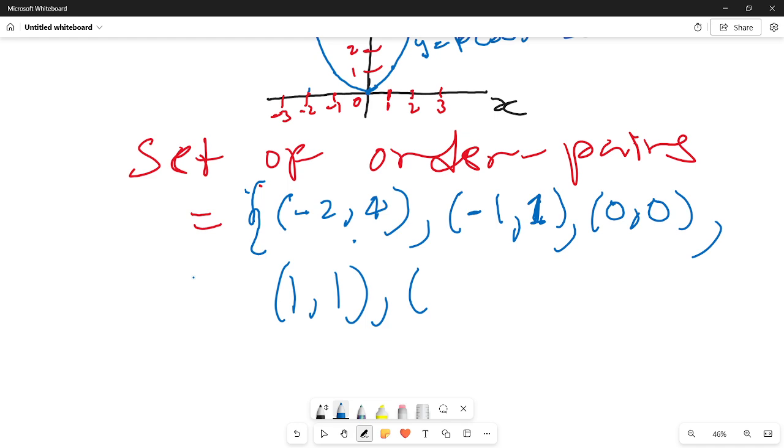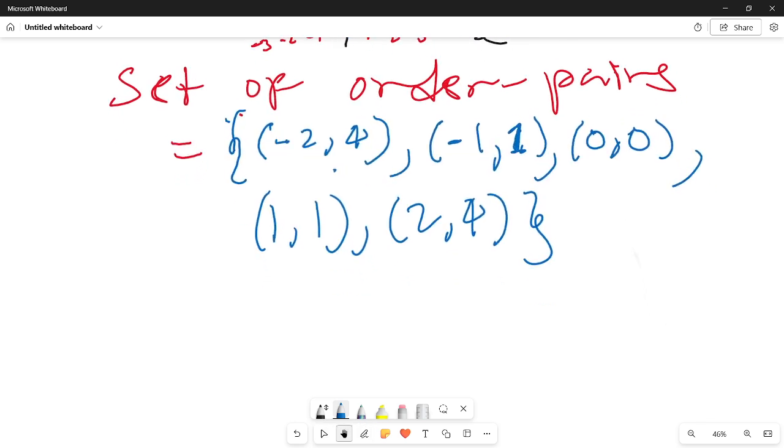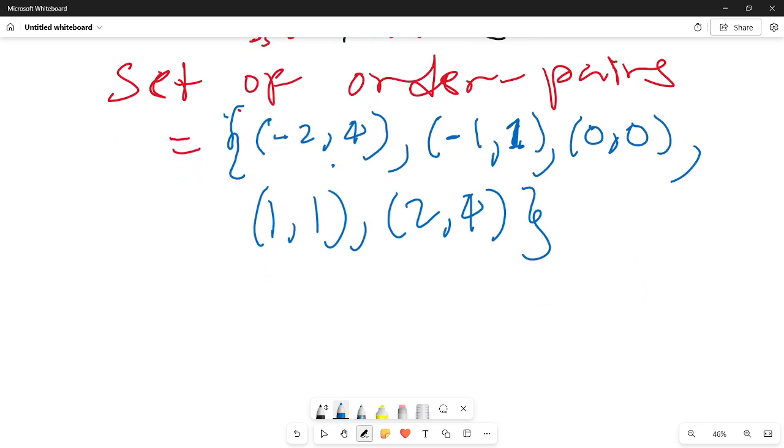These are the pairs. Then 2 paired with 4. This bracket. So here we have represented a function as a set of ordered pairs.